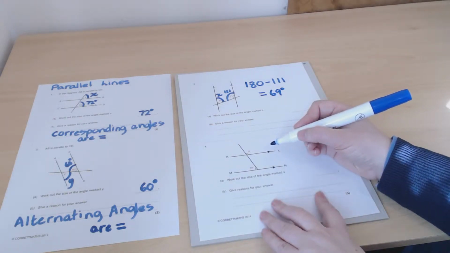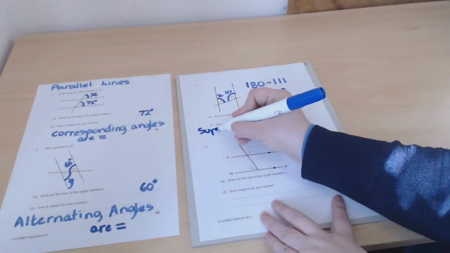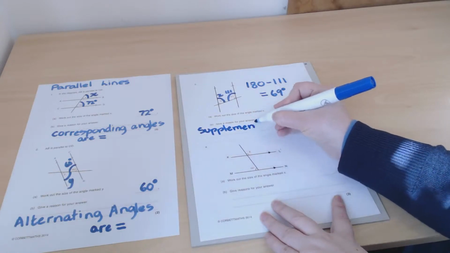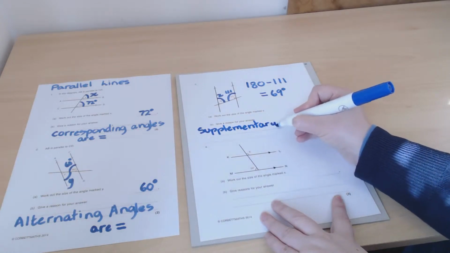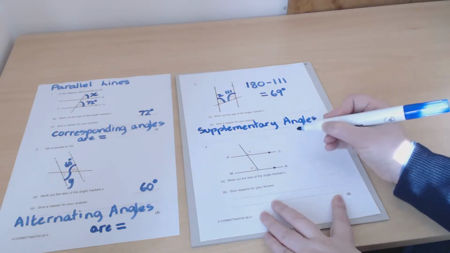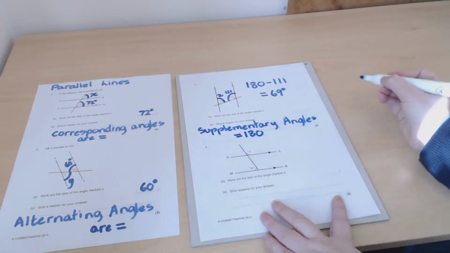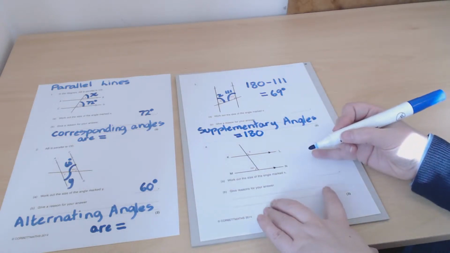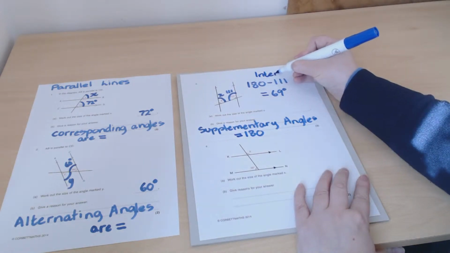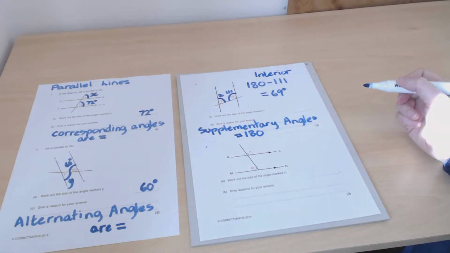So there's a couple of different names that people use. I've always called them supplementary angles. And remember, these ones aren't equal, but they equal 180 when you add them together. Now, the other name that I've seen for these is interior angles. Okay, so those are our 3 ones.